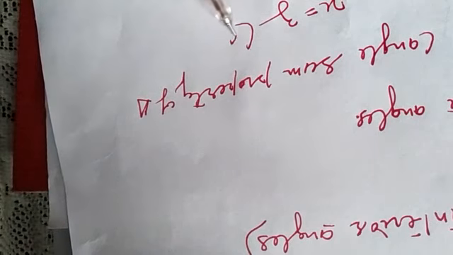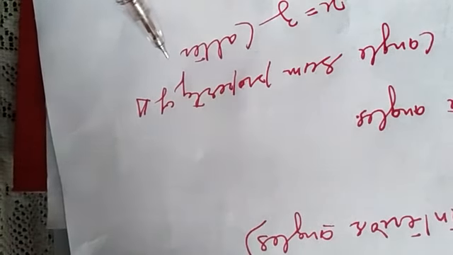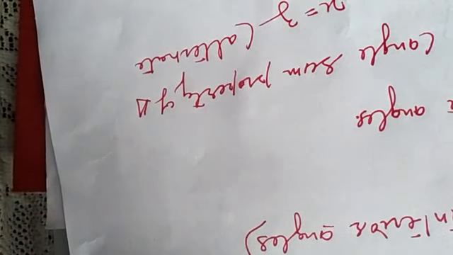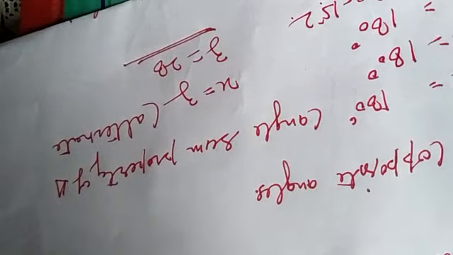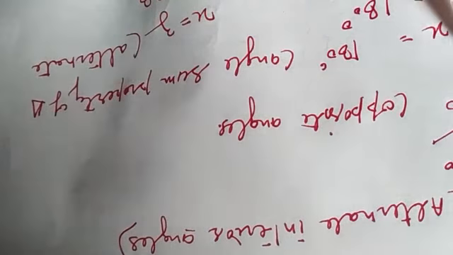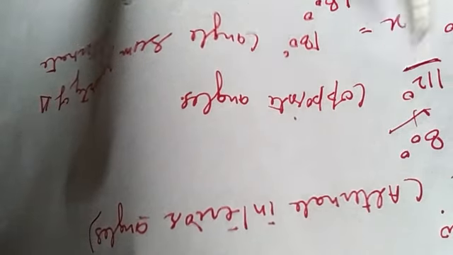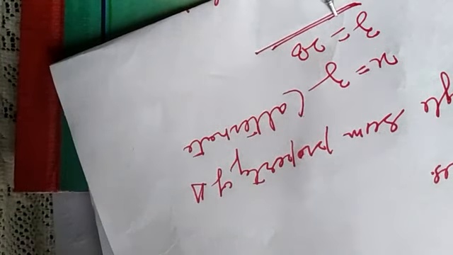Because these both are alternate angles. So angle z will be also 28. So we got the value of x, y and z. X is 28, y is 112, and z is 28 degrees.